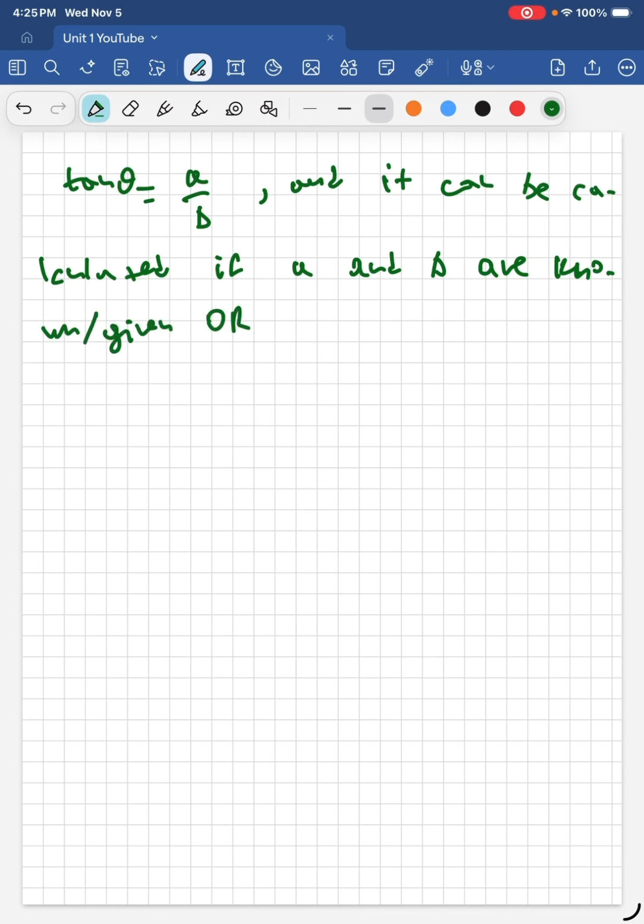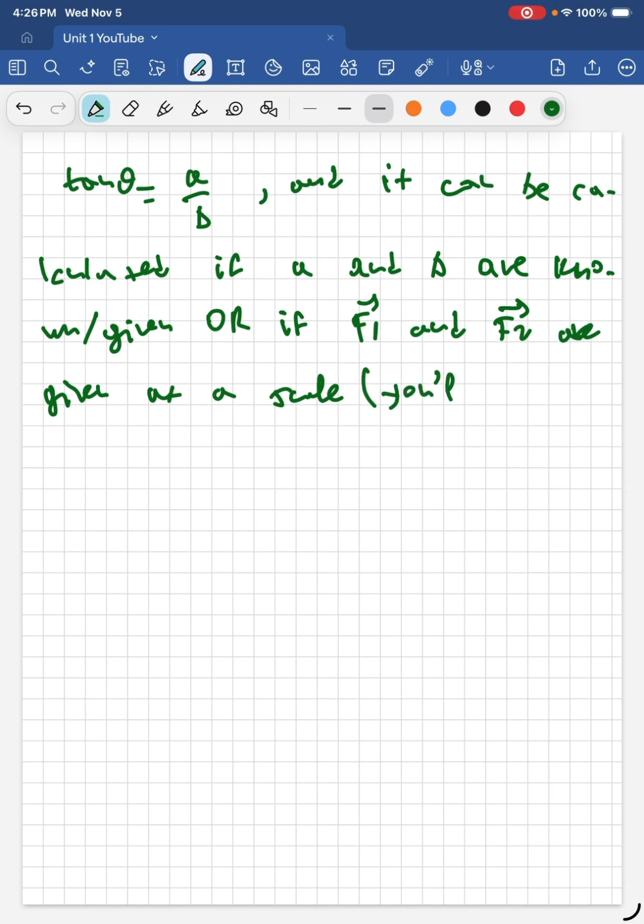or if F1 and F2 are given at the scale. Okay, which means you can use your ruler to measure, literally measure A and B. So you will need a ruler or a protractor, right?